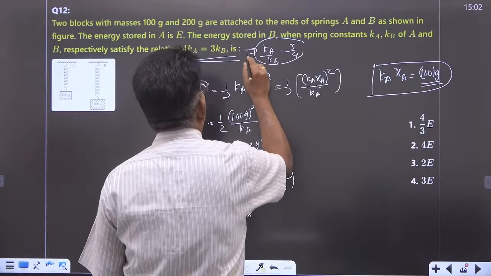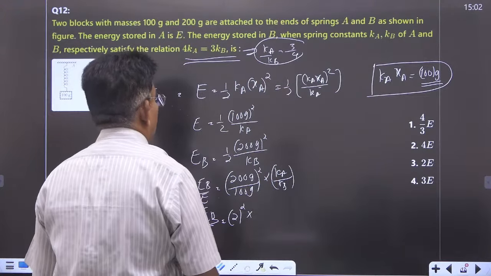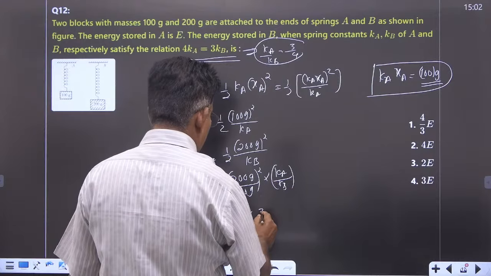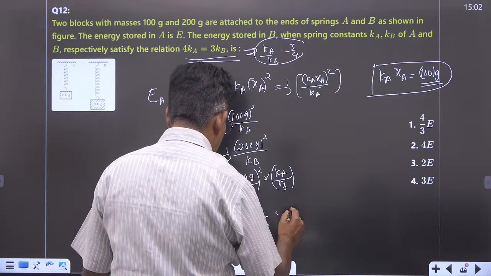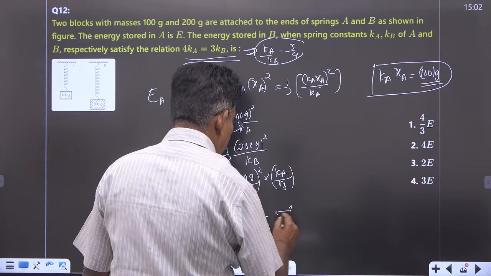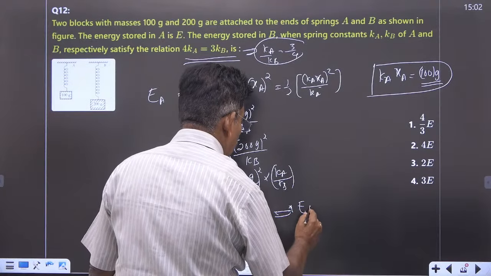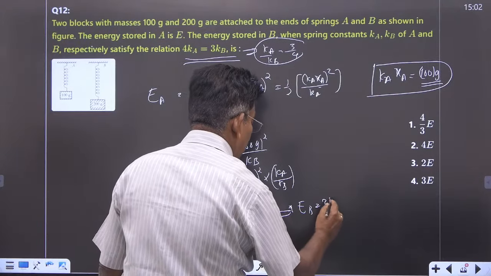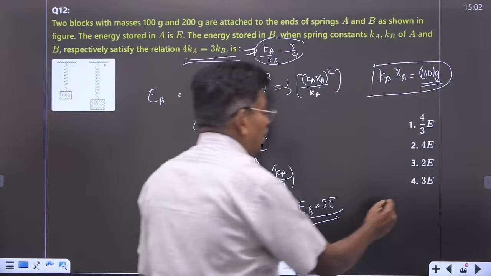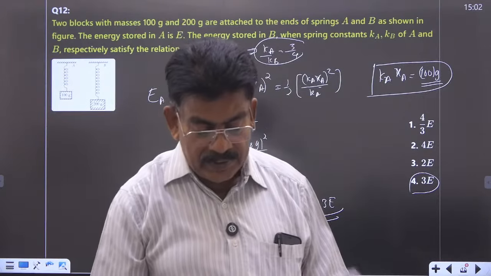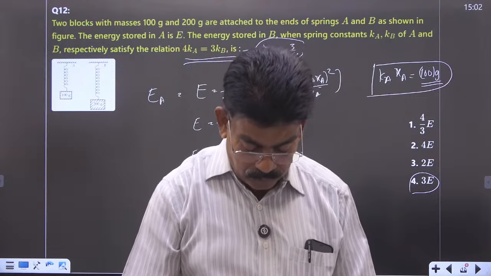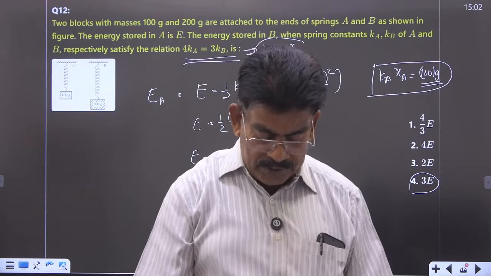So this 4 gets cancelled. The answer is that EB is equal to 3E. The answer is option 4. EB is equal to 3E. Okay, we get the answer. Now we go to the next question.